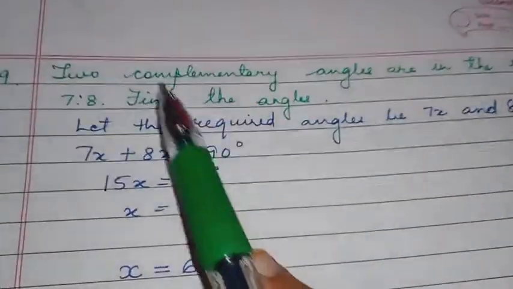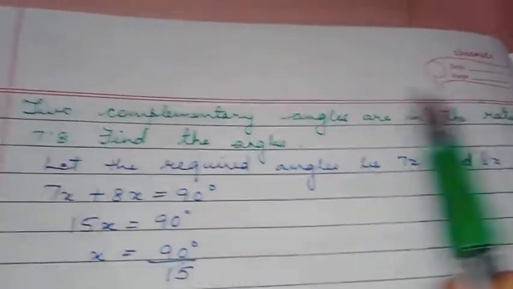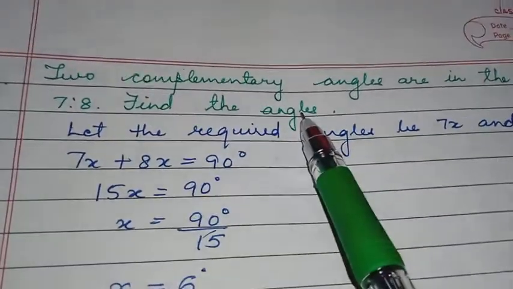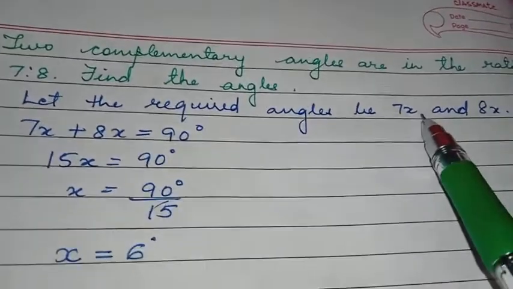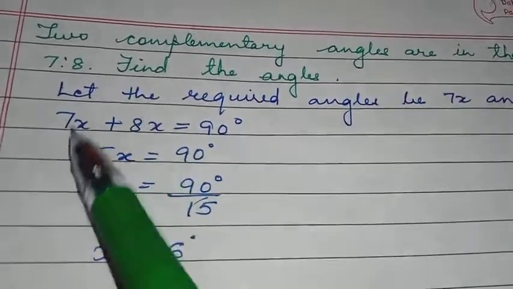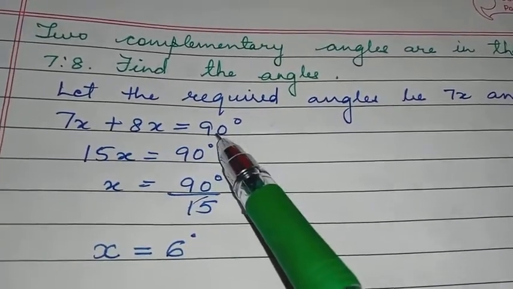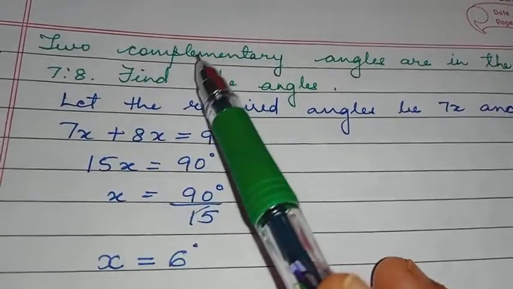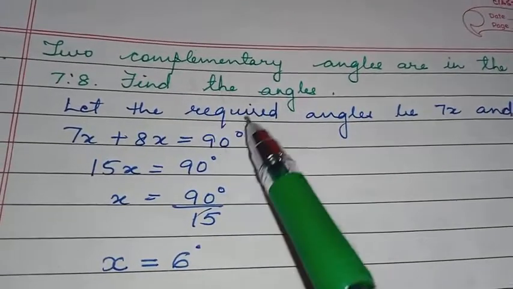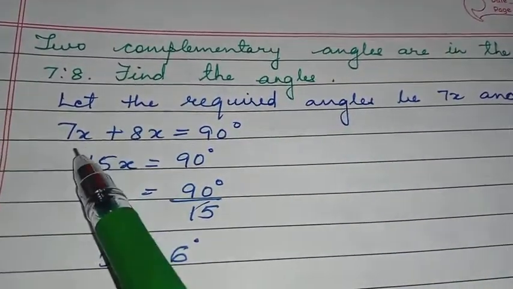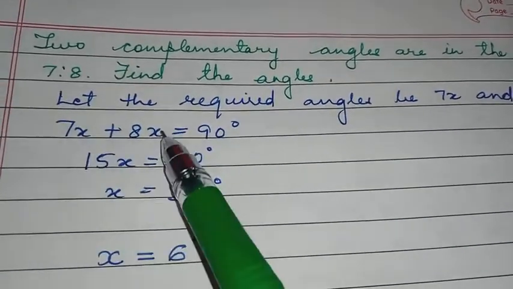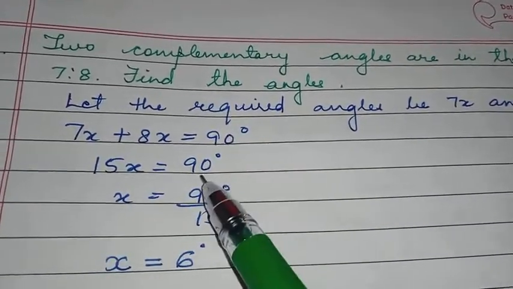Last question. Two complementary angles are in the ratio 7:8. Find the angles. Let the required angles be 7x and 8x. So 7x plus 8x is equal to 90 degrees. Why have we added? Because I know that the sum of two complementary angles is 90 degrees. So 7x plus 8x is 15x, which is equal to 90 degrees.